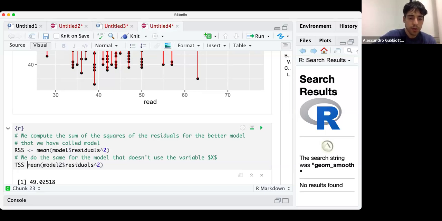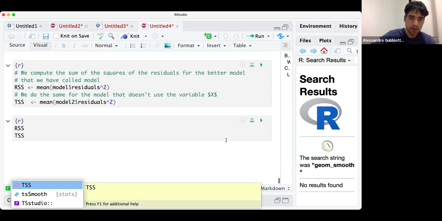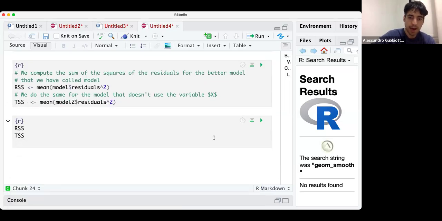Now we can compute both. So RSS divided by TSS. Let's print first what these numbers are.